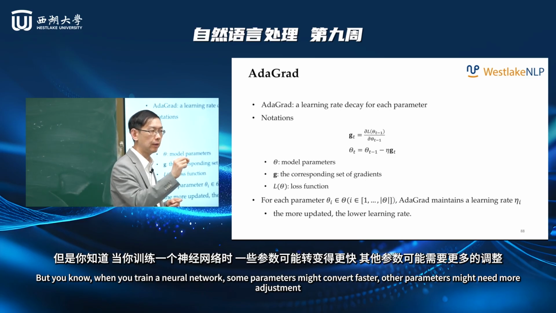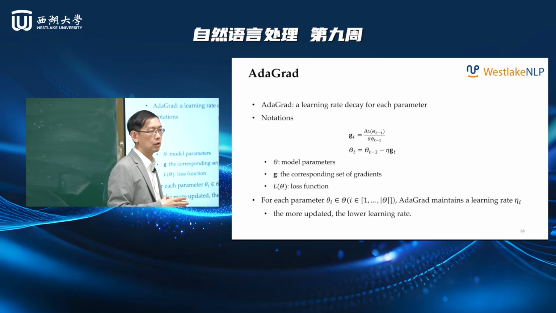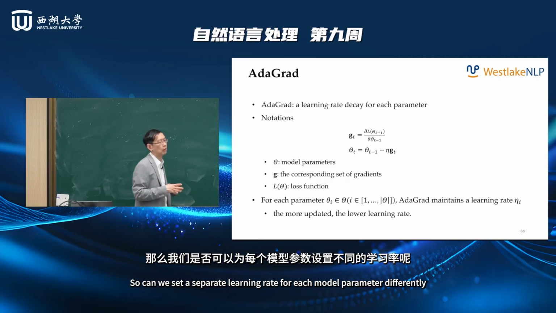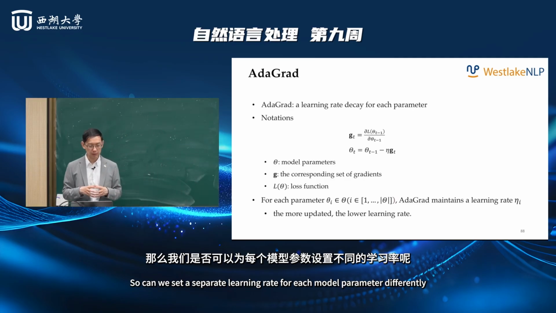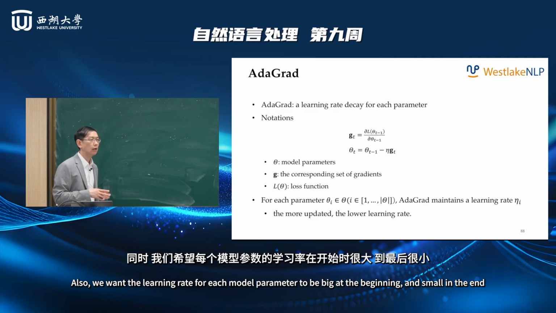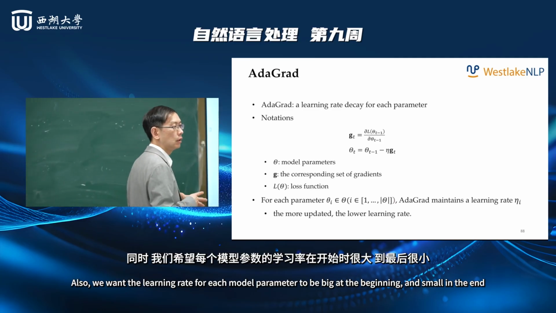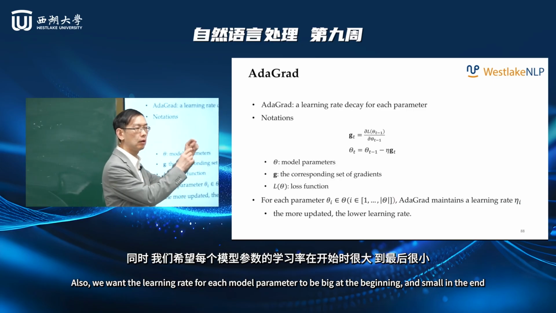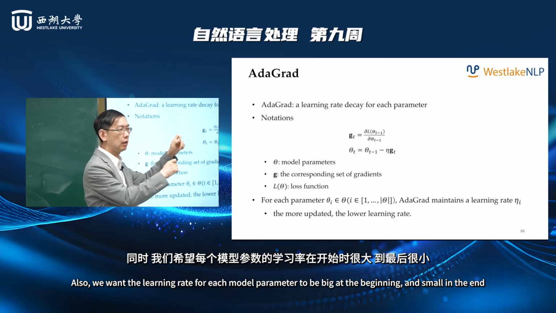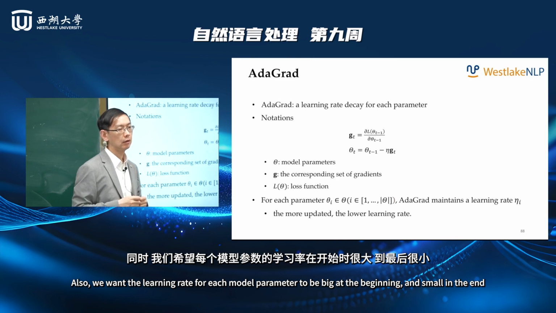Other parameters might need more adjustment. So can we set a separate learning rate for each model parameter differently? And also, we want the learning rate for each model parameter to be big at the beginning and small in the end.